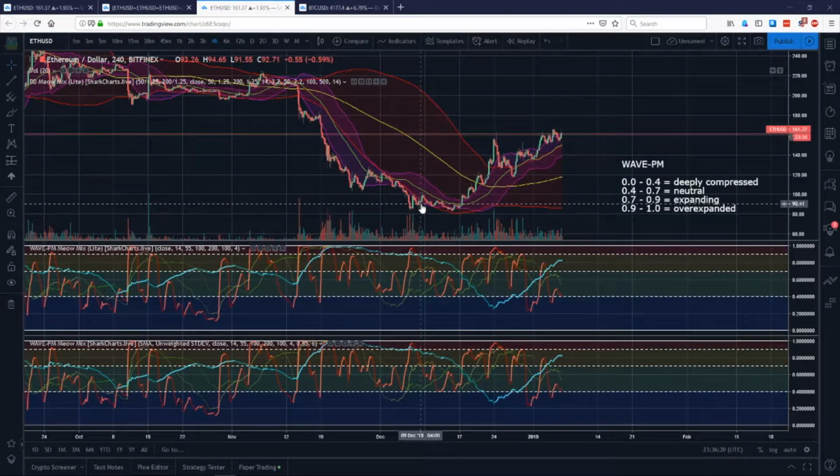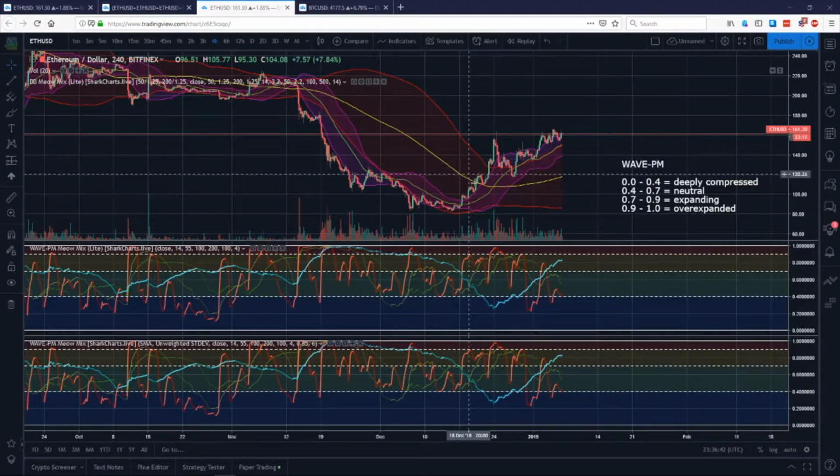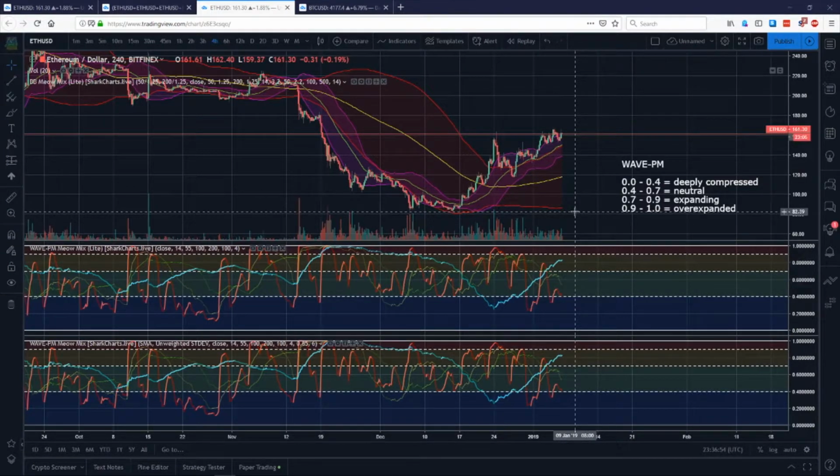You start behaving much more like a normal distribution about a mean, and you start reverting to that mean wherever it happens to be as it continues to move as a non-static trend line. So Wave PM is valuable both for trading in expansion and for trading reversion.